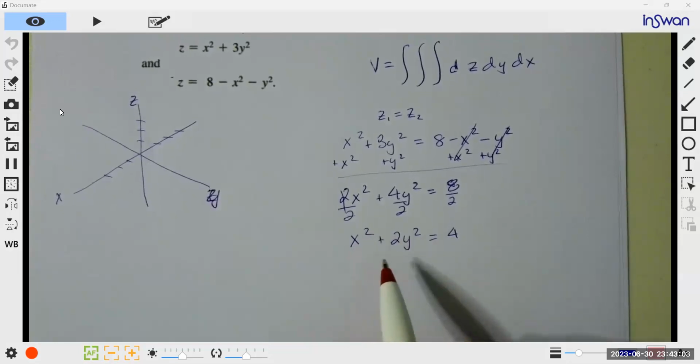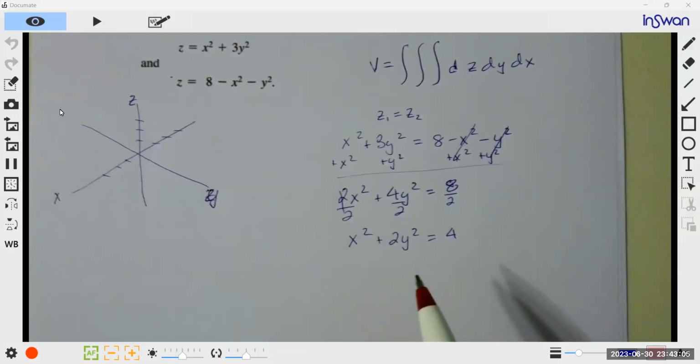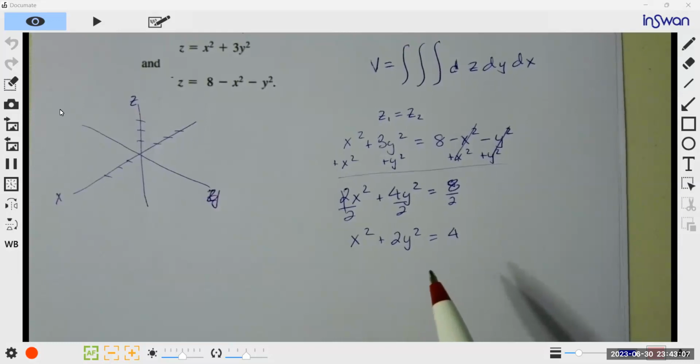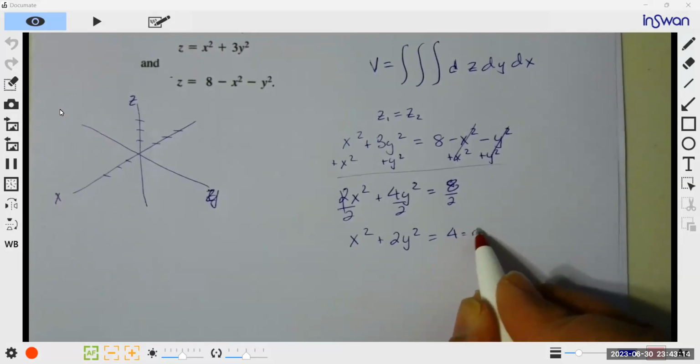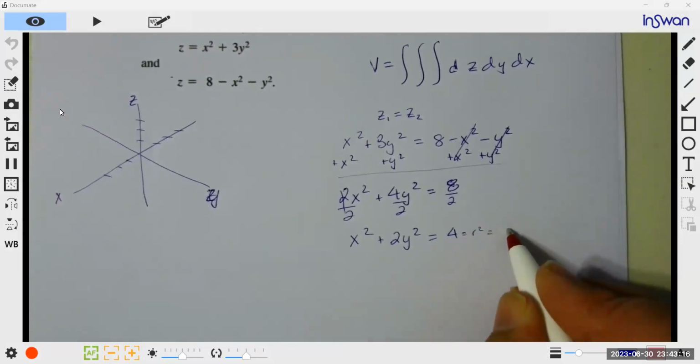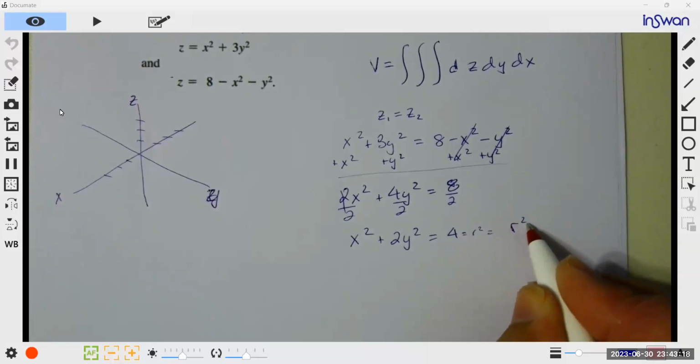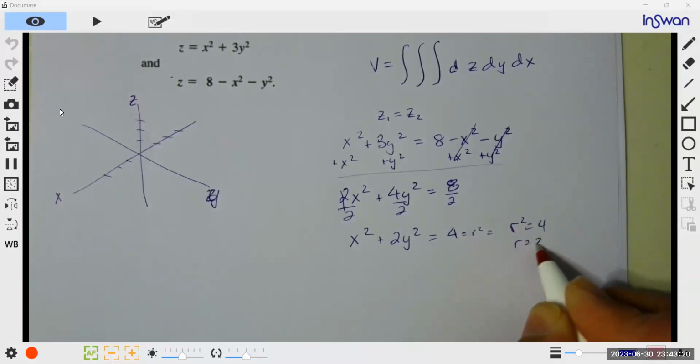So it's an oval type shaped object. All right, so this is r squared. So r squared equals 4, so r equals 2.